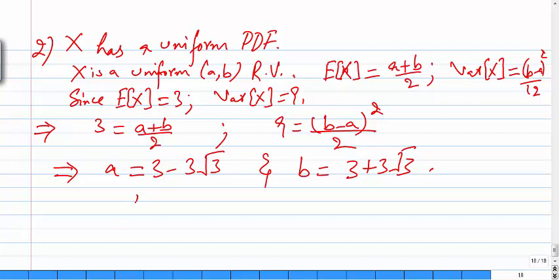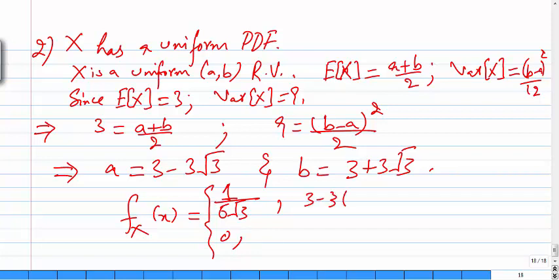So now the PDF becomes 1 divided by 6 root 3 for x between a and b, that is 3 minus 3 root 3 less than or equal to x less than 3 plus 3 root 3, and 0 otherwise. So this is the PDF we can write.